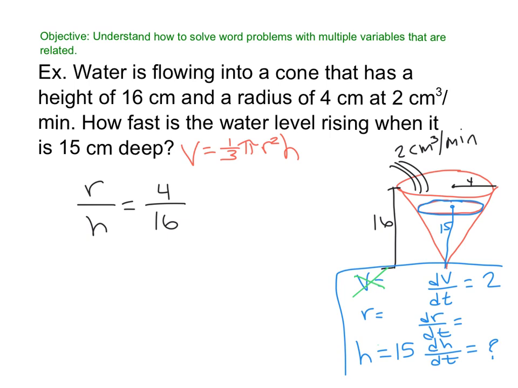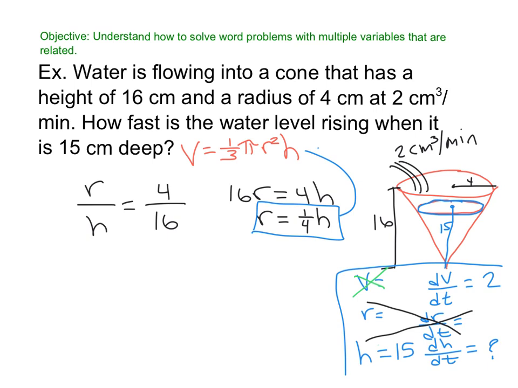So I'm going to set up a proportion, cross multiply, 16r equals 4h. And then I'm going to look into my problem. Which one do I not have information about? Which one do I not care about? I don't care about r, right? I want to get rid of r. So I'm going to solve for it. r is 1/4 h. So then we're going to take that and plug this into our equation.